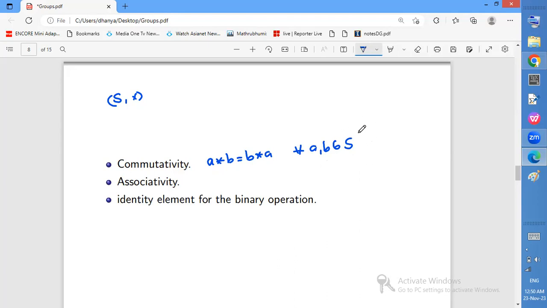If I am considering the operation addition on the set N or Z or Q or R or C or Mn(R).